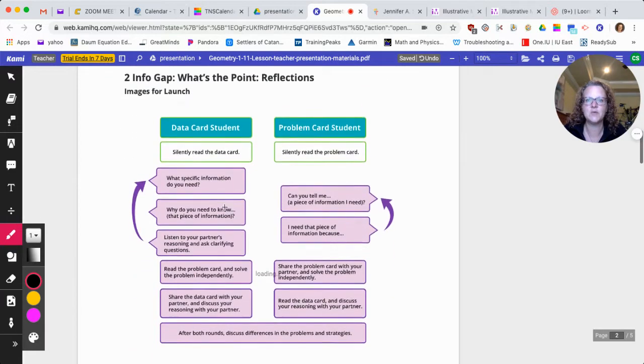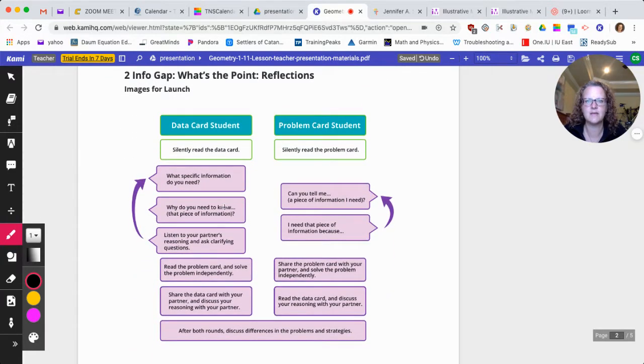All right, I am going to post a What's the Point data card sort in a Google Doc. I'd love for you to go through there and match up to your Google Doc in Classroom.